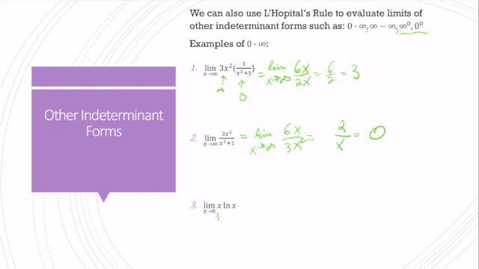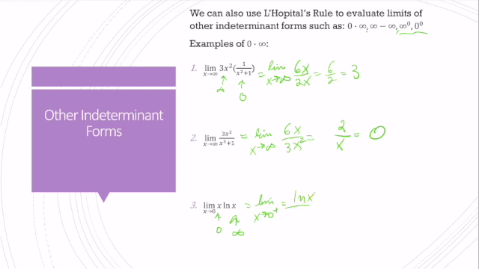Next, I have the limit of x natural log of x as x goes to 0. Natural log of x goes to infinity. But first, we need to rewrite this as a quotient. So I'm going to rewrite this as the natural log of x over 1 over x. And now we have to approach from the right because as natural log goes to negative infinity, 1 over x goes to infinity as x goes to 0 from the right.